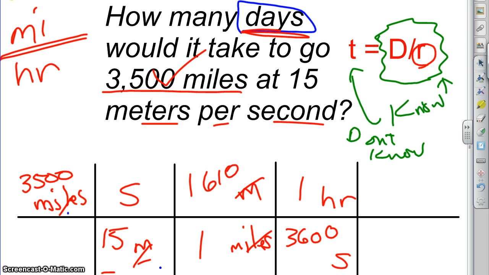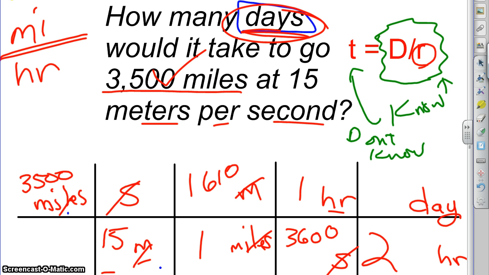And now my seconds are canceled. And now, again, keep in mind the target. We want days. We know how to get from hours to days. Hours to days. 24 days is 1 hour? I don't think so. How about 24 hours is 1 day?